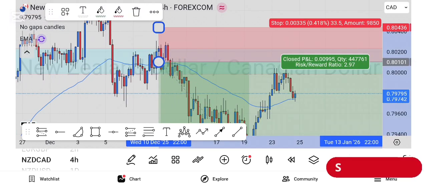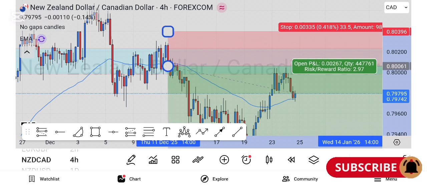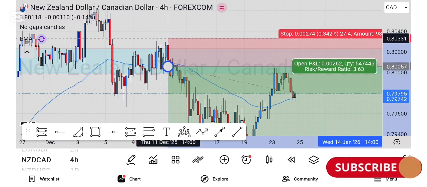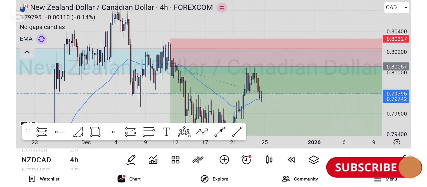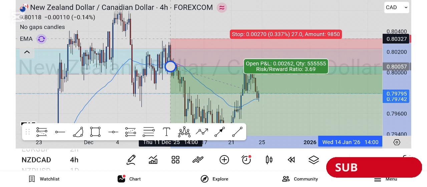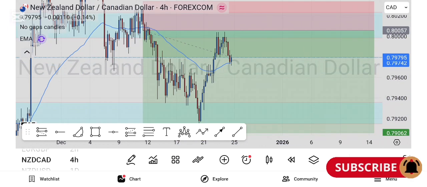On the 4 hours I took this trade somewhere here, and then my stop loss was somewhere here, as you can see on the screen too.